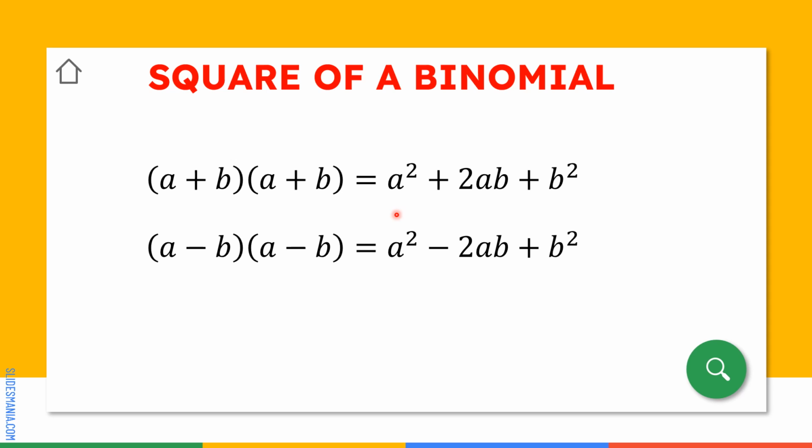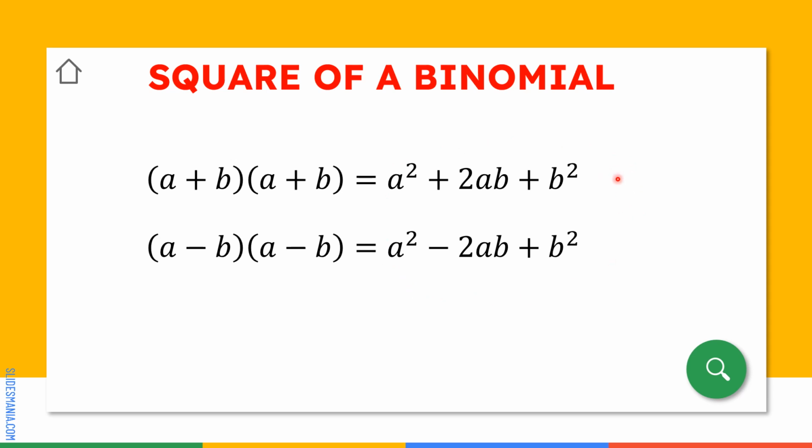So the only difference is the operation between these terms. If you are going to multiply a minus b to itself, the result is a squared minus 2ab plus b squared. Let us observe this product.